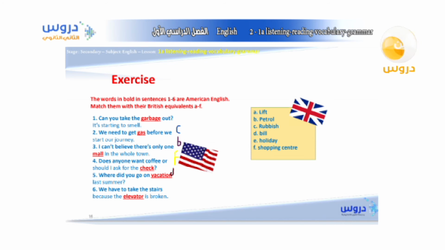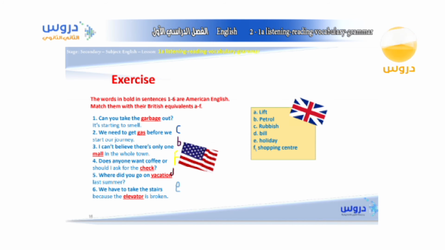And for vacation, we still have holiday. And lift. So we say, for number 5, where did you go on vacation last summer? And then we say vacation is equivalent to holiday, which is E here.